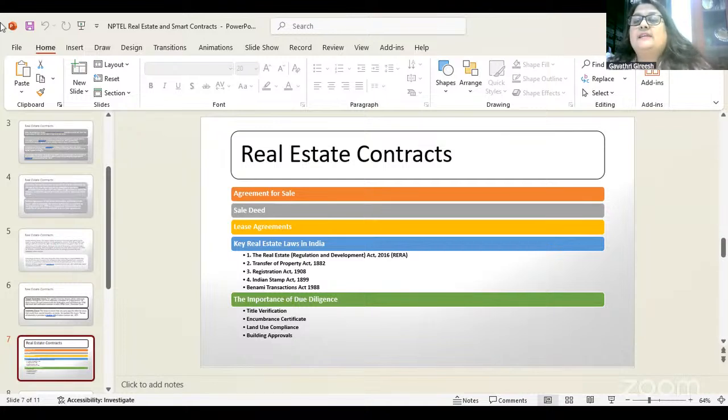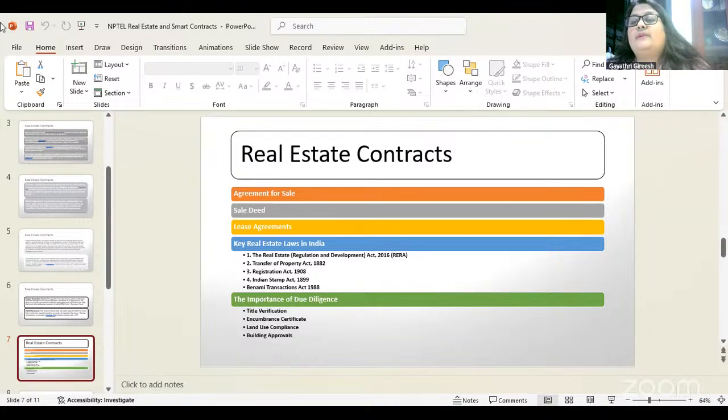Before the RERA Act, there was no such regulation other than the municipal law, the law by the local governments. They said, these are the areas earmarked for residential zone, so build the houses. This is for commercial, so build the commercial complexes. And this is for industrial. Anyway, industrial lands are the monopoly of the government.